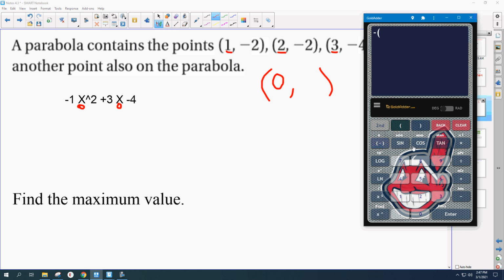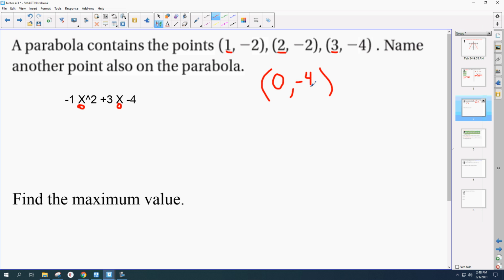You're going to have -0 squared, and you might be able to do this in your head, plus 3 times 0 minus 4 gives me -4, of course. So that's one point also on the parabola. You could do any number of points, plug in a 5, plug in a 6, whatever you want to plug in. But you could have 5, comma something, whatever you want there.